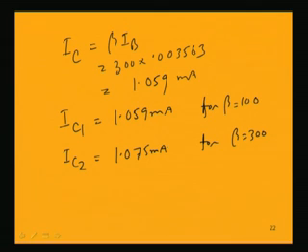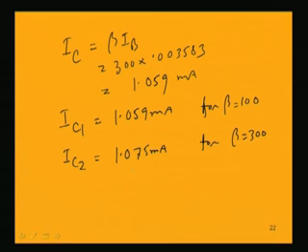So, even though beta has increased 3 times, a 200% increment in the value of beta from 100 to 300, it still gives a very marginal rise of IC.